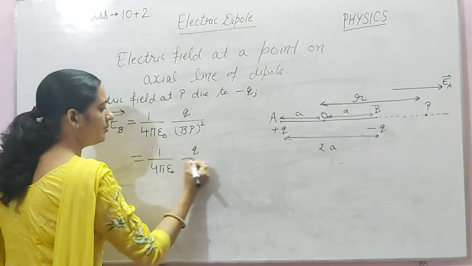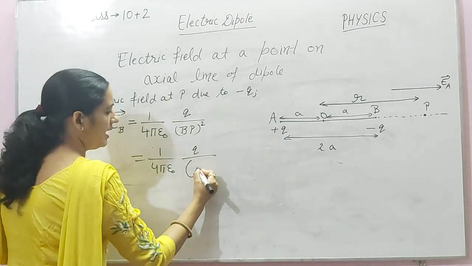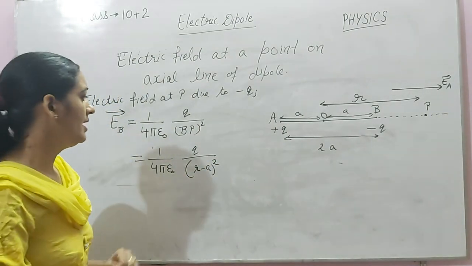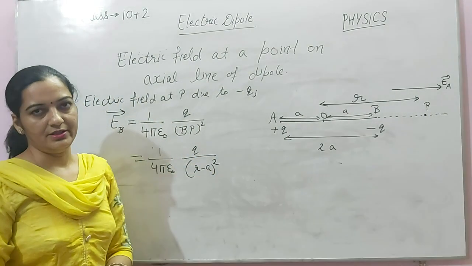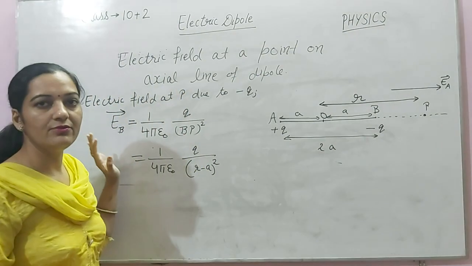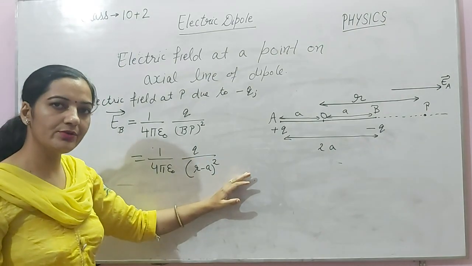So we get Q upon (r minus a) whole square. Now its direction. Direction is necessary here because electric field is a vector quantity, so we have to tell about its direction.